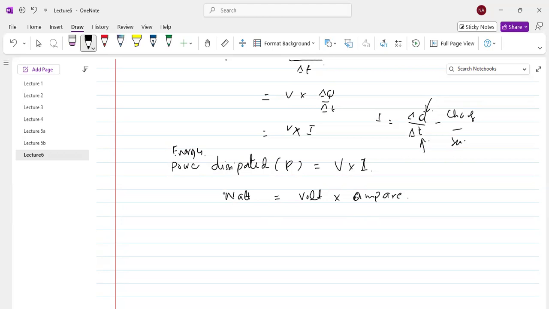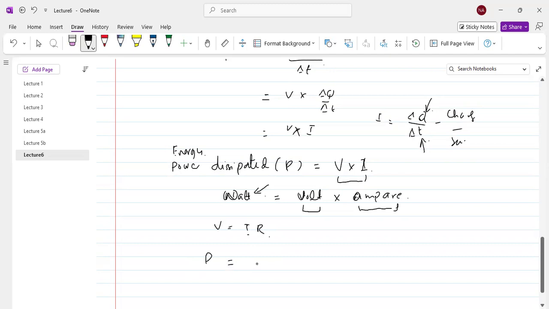You should keep in mind that the power dissipated will be in watts if the potential difference is measured in volts and current is measured in amperes. Also, you can modify this formula by using the relation V is equal to IR.